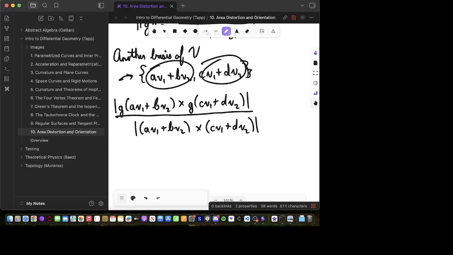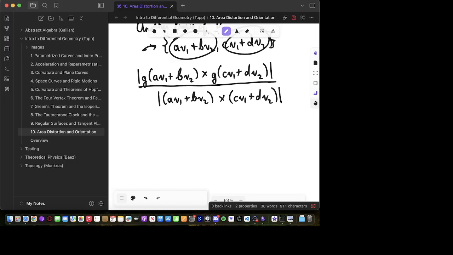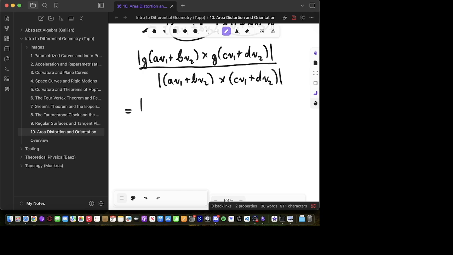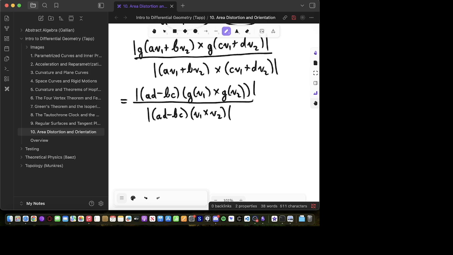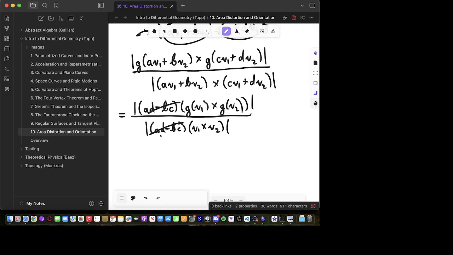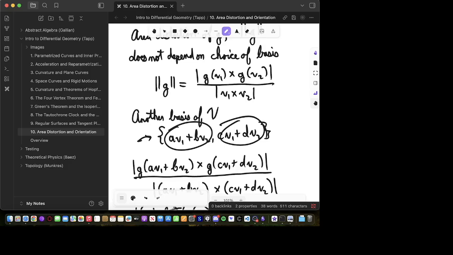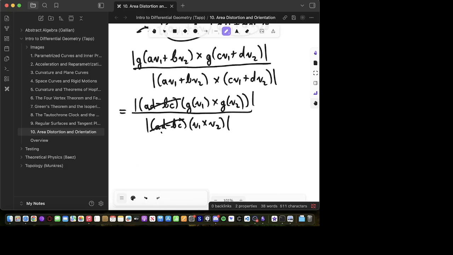I could go through it, but I think it would be best just to skip to the result of what we get, and that ends up being, and of course we can cancel these out, and we see that this quantity remains invariant under choice of basis, so long as it's the same subspace.